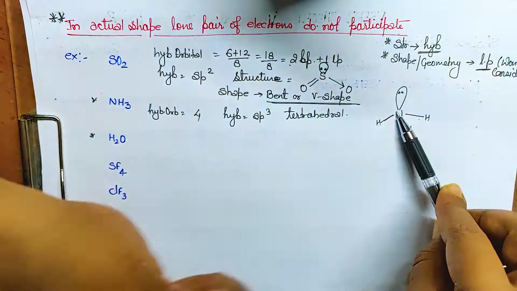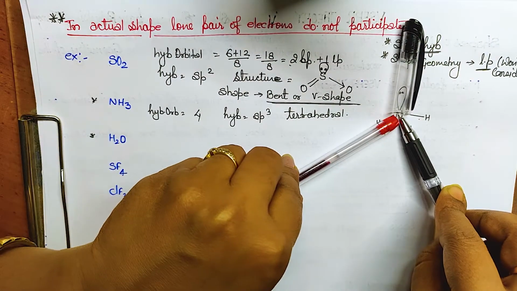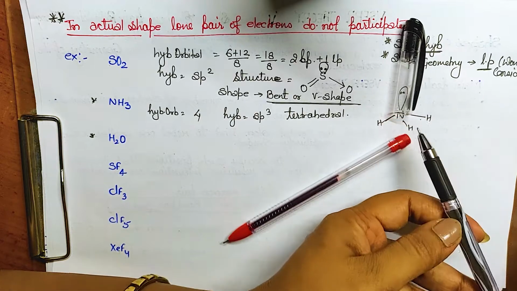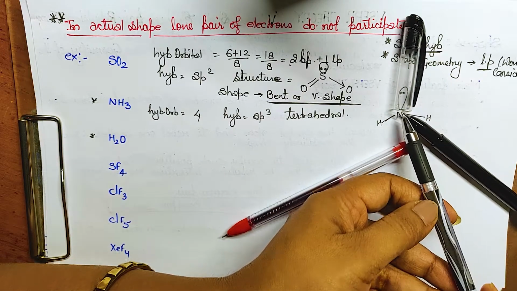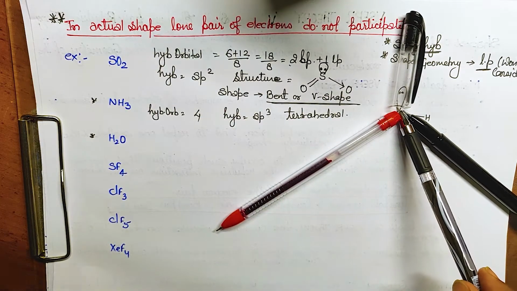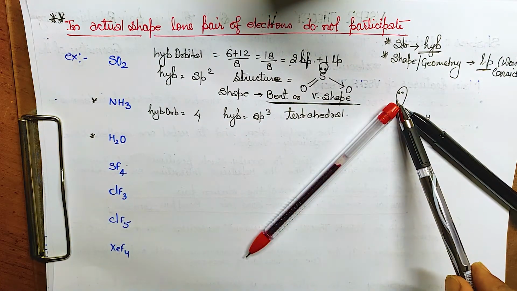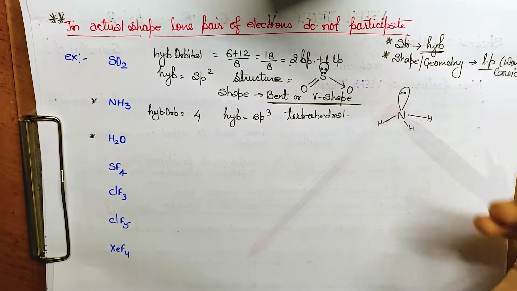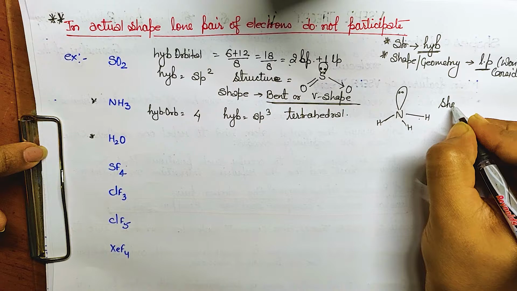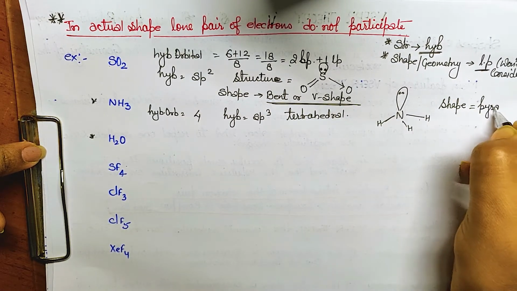So if you forget about this lone pair, suppose that this is the structure. Let me draw this in a 3D way. If I am making the structure like this, did you get it? Forget the lone pair. So is it a pyramid shape? Isn't it? It's a pyramid shape. So we will write the shape or geometry here, pyramidal. Hope it is clear. Yes.